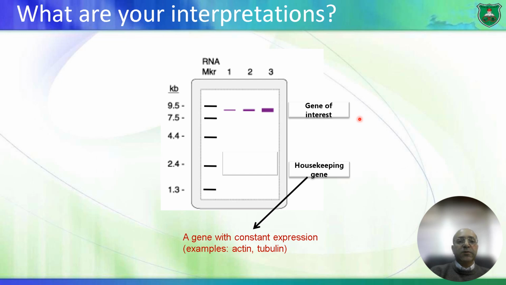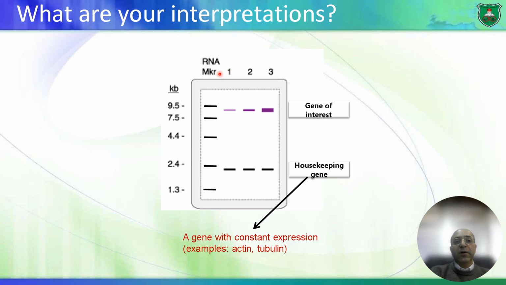By looking at the expression of a housekeeping gene, we see that the expression is equal, meaning that the increase that we see here is true. It's a real increase in the expression of that particular gene, because the expression of the housekeeping gene does not change, indicating that we've used the same amount of sample.